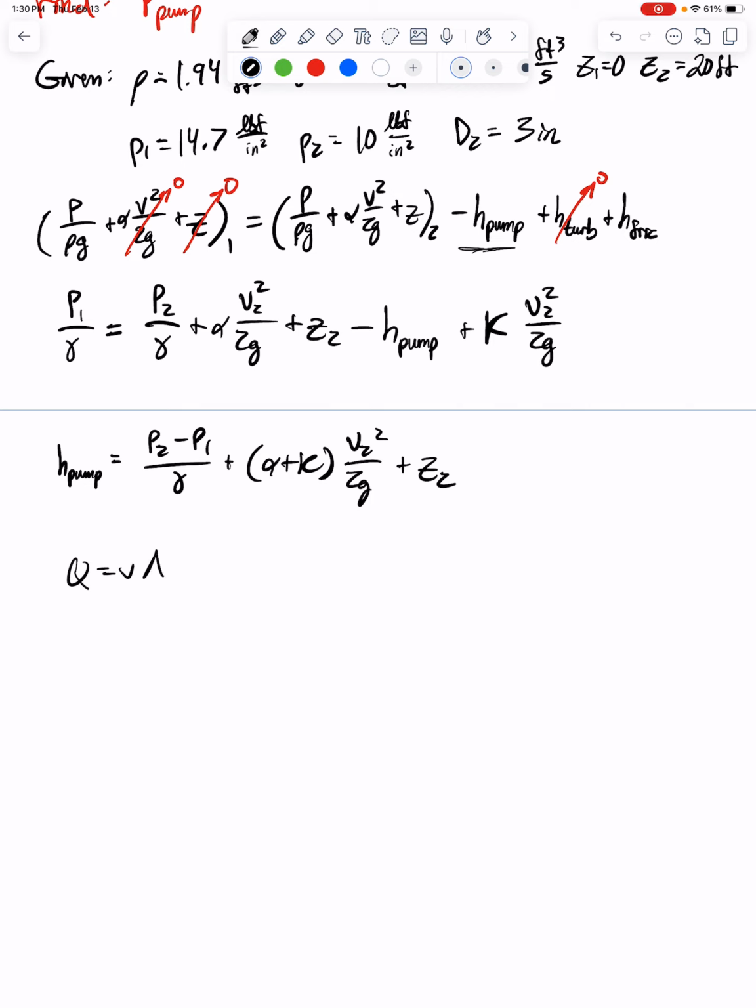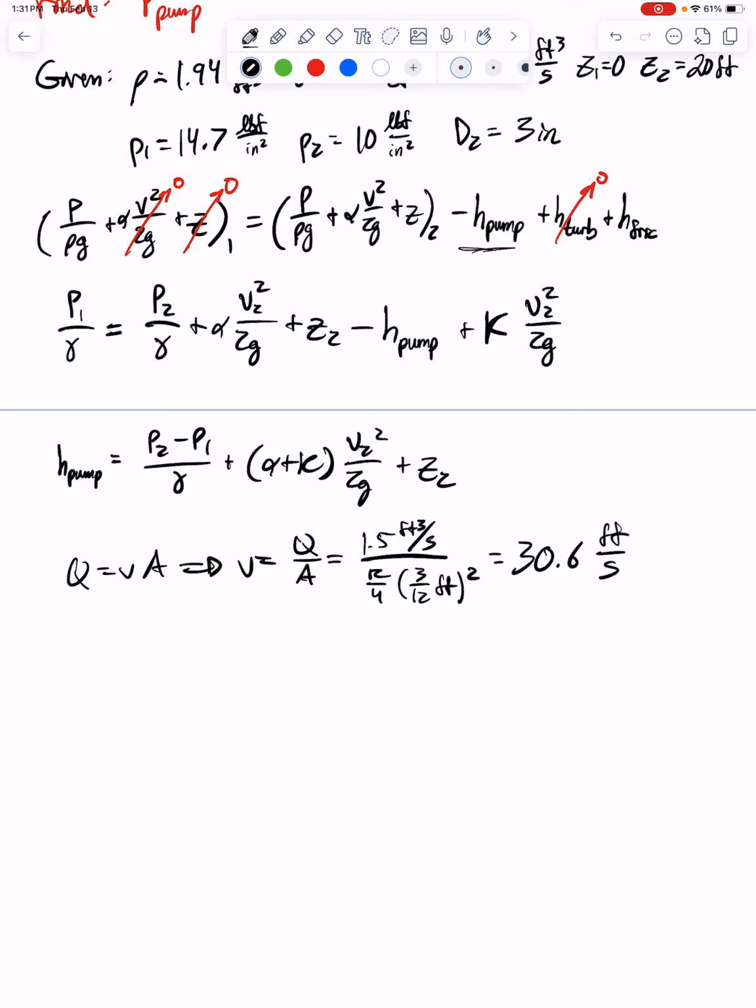Q is VA, V is Q over A. Q is 1.5 cubic feet per second, area is pi over 4 times diameter, I believe it was 3 inches, so 3 over 12 feet squared. That gives me 30.6 feet per second.